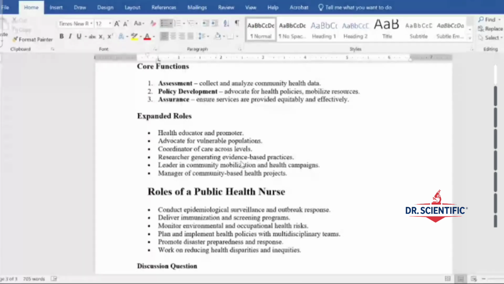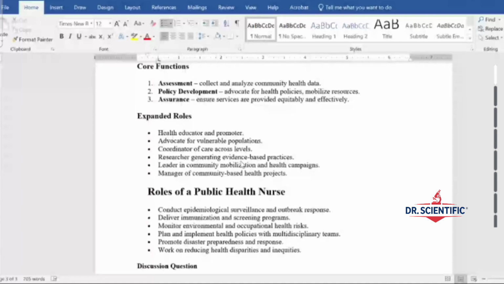When you're talking of quality, we normally look at five issues: efficiency, effectiveness, patient-centeredness, safety, and timeliness. Those are the key areas we talk about when we are talking of assurance, so that when you are providing these services, they have good quality. If they are of good quality, are you able to provide equitably and in an effective way to that particular locality? So it is very important, very key. Those are the core functions of community health nursing.